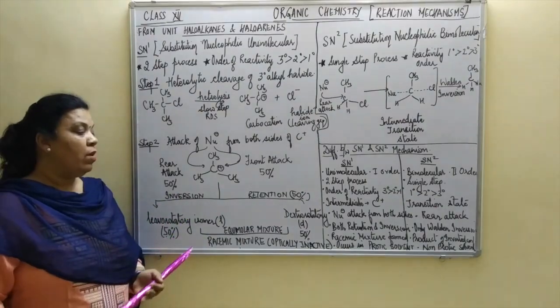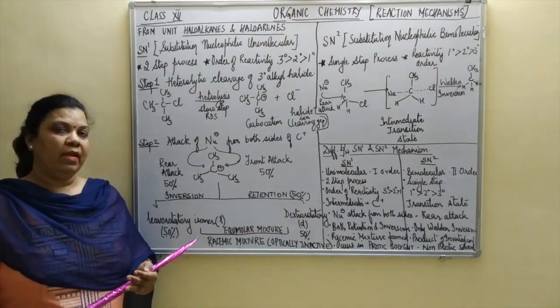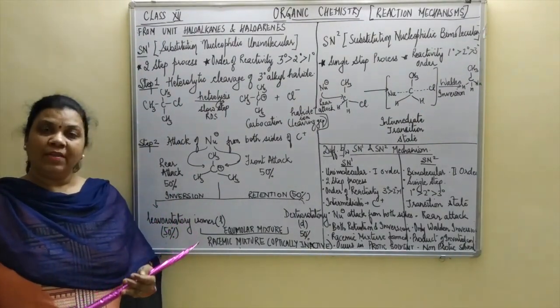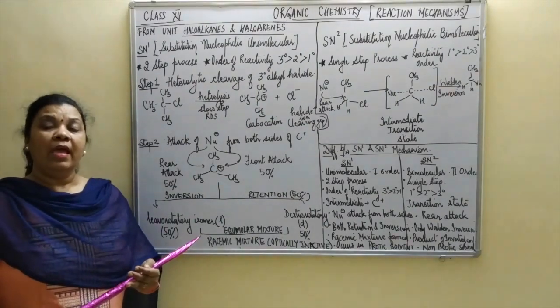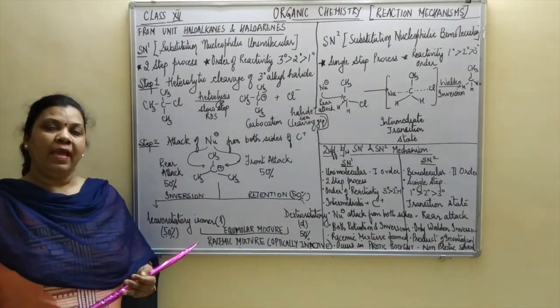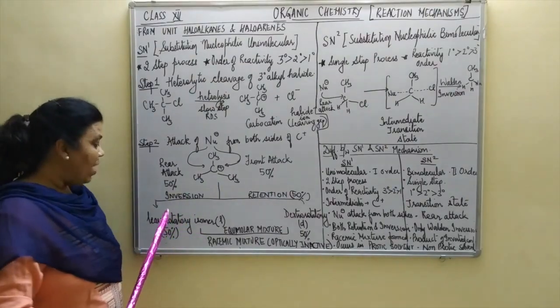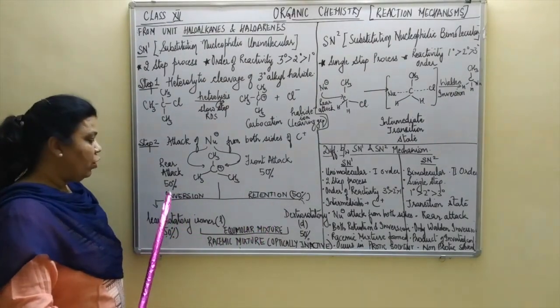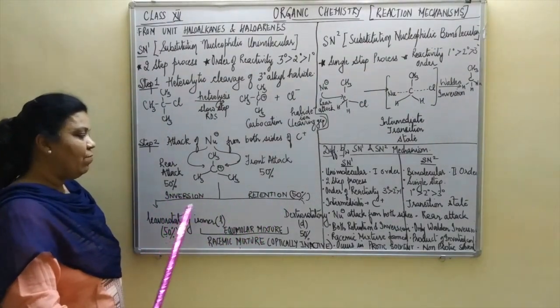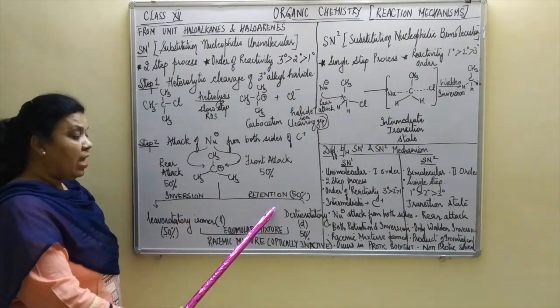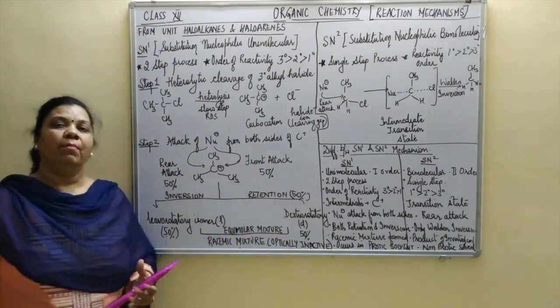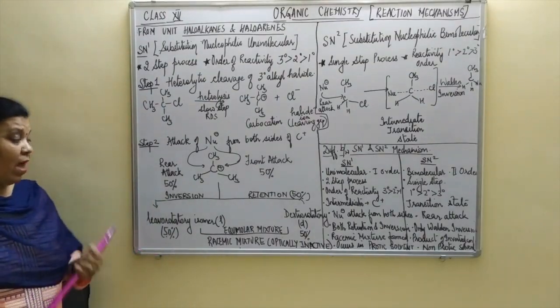Let me tell you the reason why this is optically inactive. Optical inactivity means the inability to rotate the plane polarized light. Despite the fact that it comprises the two enantiomers, dextro and levorotatory isomers, yet it is not able to rotate the plane polarized light. Let us see why.